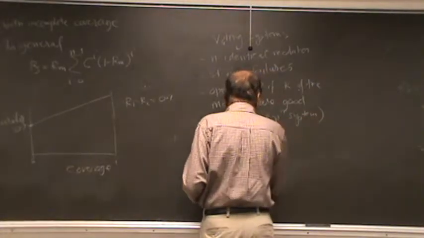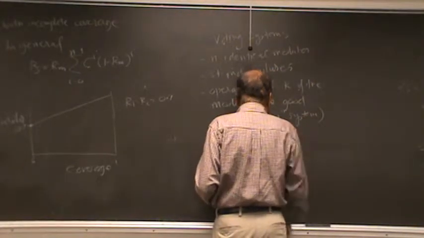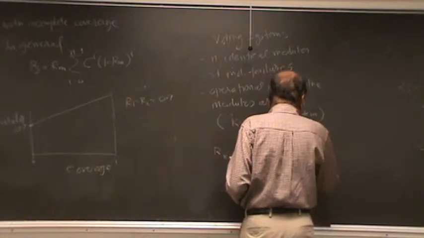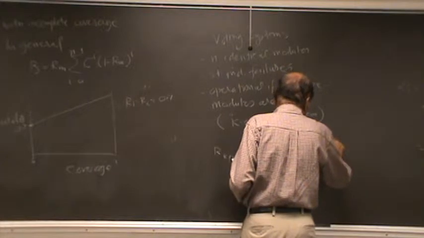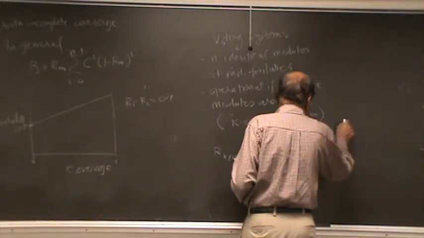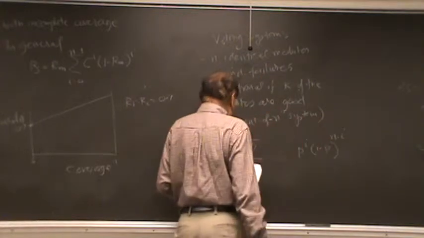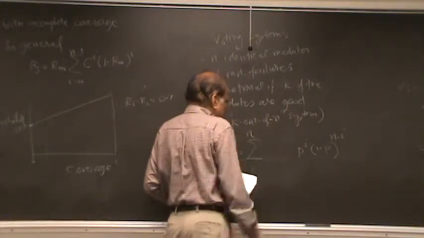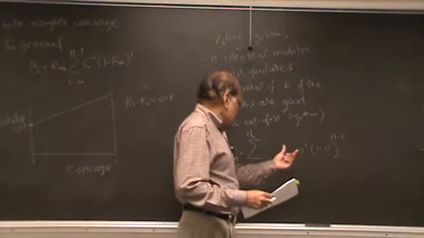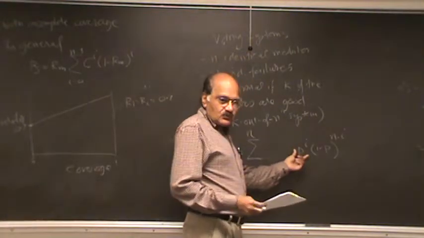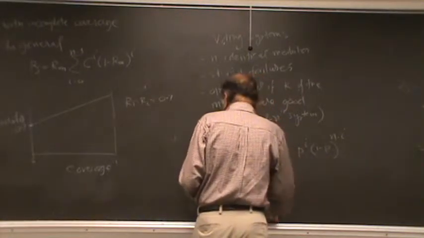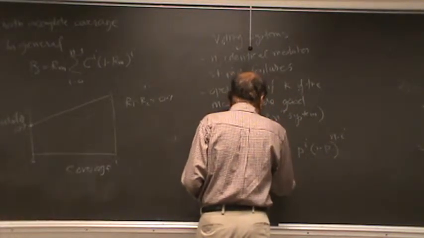So let's say I of them are good, and the rest of them are bad. Okay? And now in how many ways can you choose I out of n? And that is given by, as you will remember, n choose I.